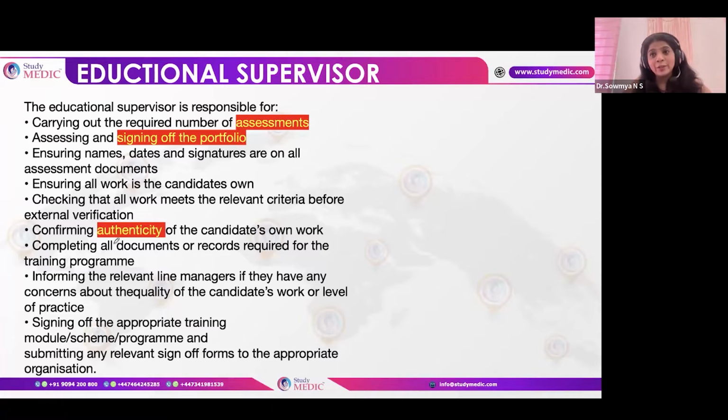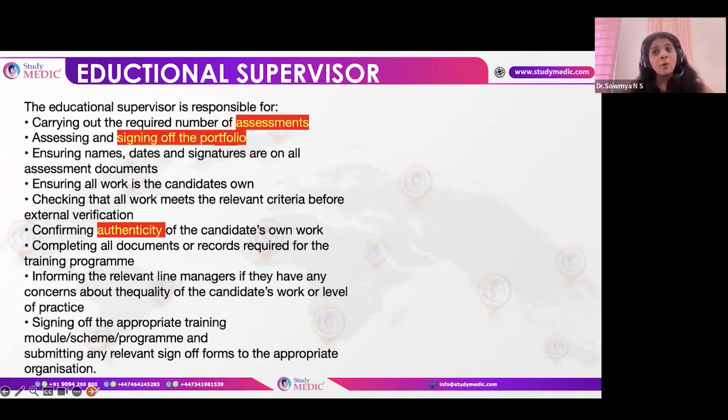As I said, the educational supervisor is the one person who will be closely working with the trainee to make sure that they do the required number of assessments. Please remember, to move from one level to the next, ST1 to ST2, ST2 to ST3, they have to do a minimum number of assessments, which are recorded in the portfolio.